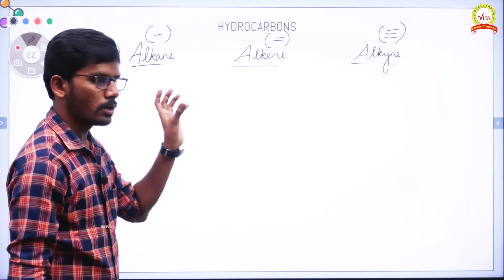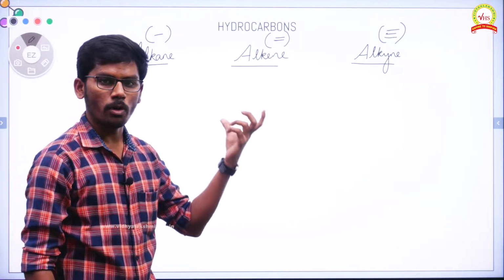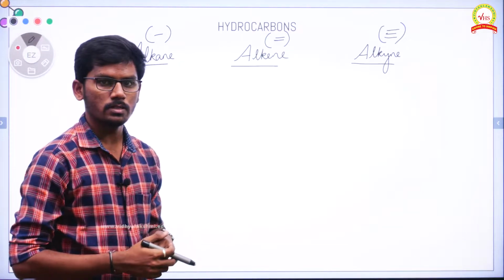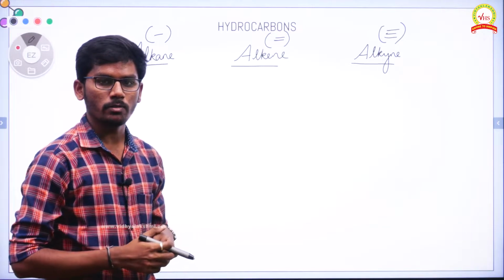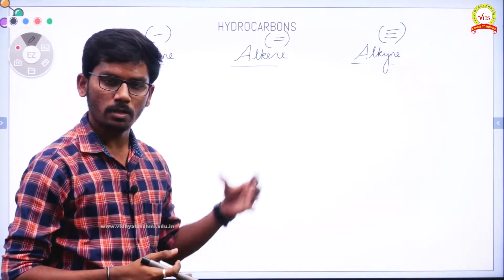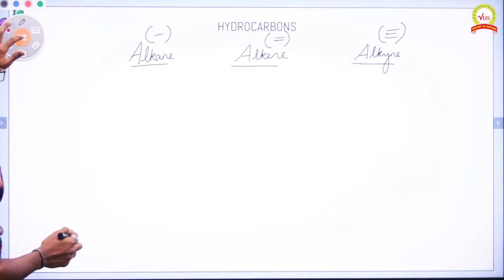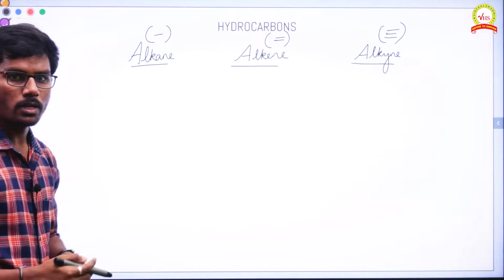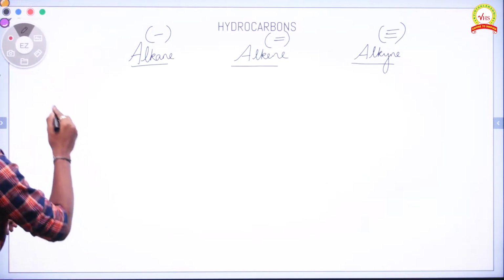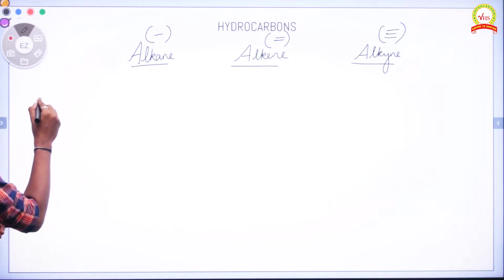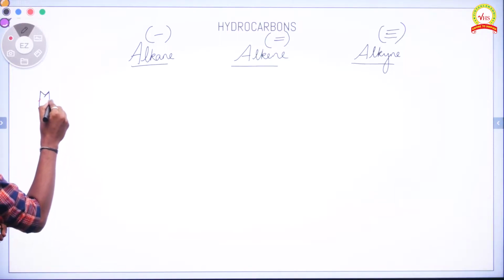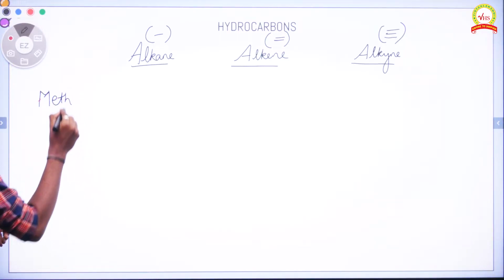So we are going to learn the formulas to be followed for these series and the prefix words to be given based upon the number of carbons present. Everything we are going to learn now. Okay. So if a compound consists of only one carbon, the prefix word will be given as meth.